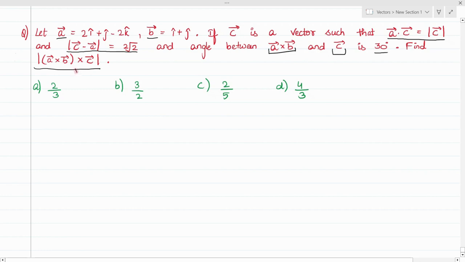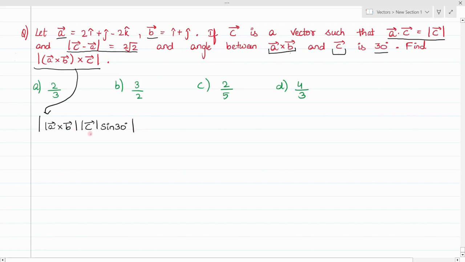So from here we can write it, using the dot product formula, we need to find magnitude of A cross B into magnitude of C sine 30, because the angle between A cross B and C is 30 degrees. Final answer, we need to find out this.